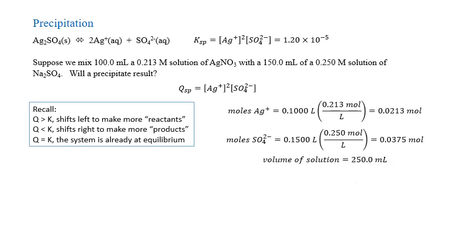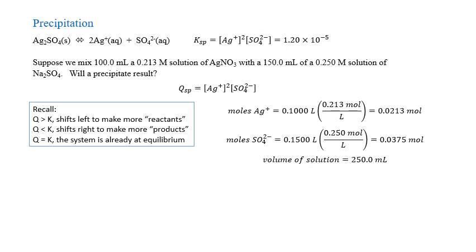Moles of silver, all the silver is in the first solution. So 100 milliliters times 0.213 moles per liter, 0.0213 moles of silver ion. Moles of sulfate, 0.150 liters, and the concentration is 0.250, you get 0.0375 moles of sulfate.